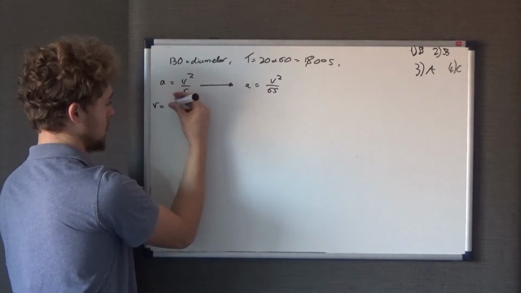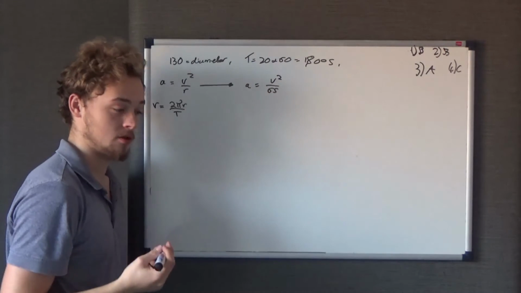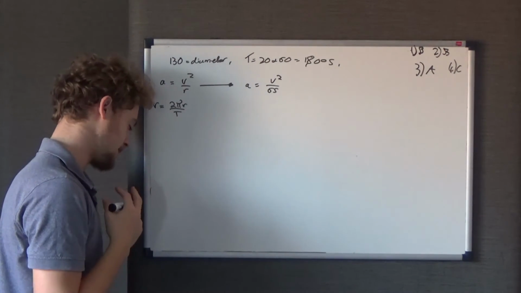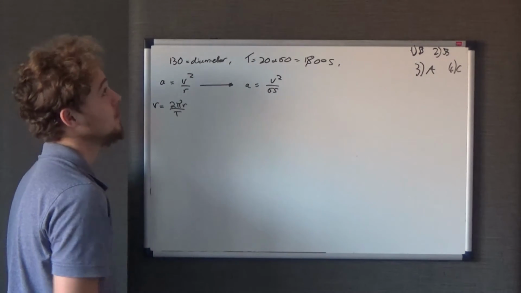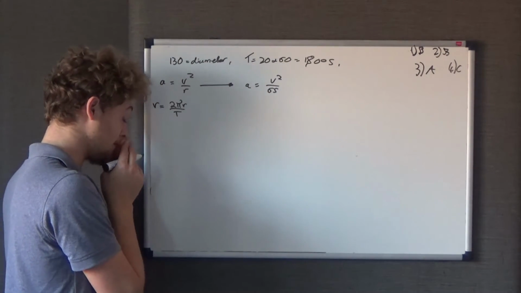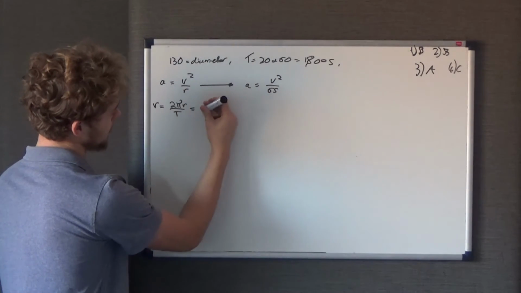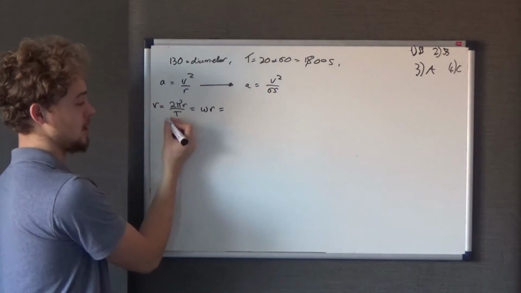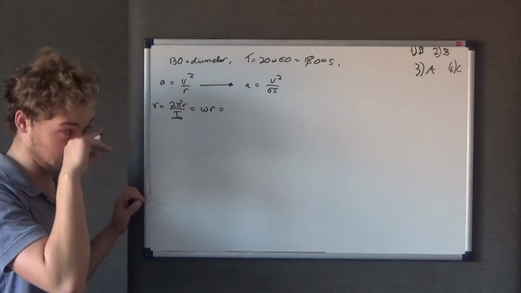Now v is equal to 2 pi r over t, or the angular speed times the radius. Whichever way, it's easier to remember it like that, because then you don't have to calculate it as 2 separate equations.